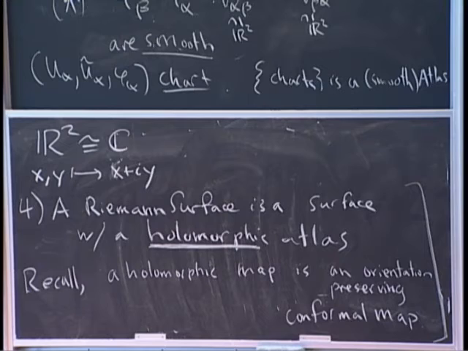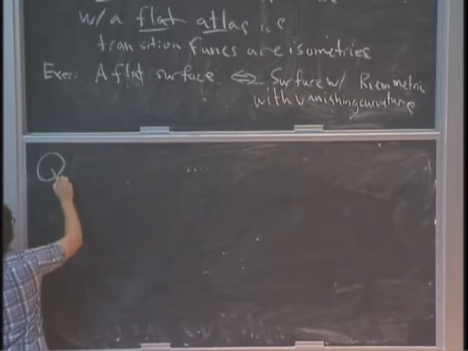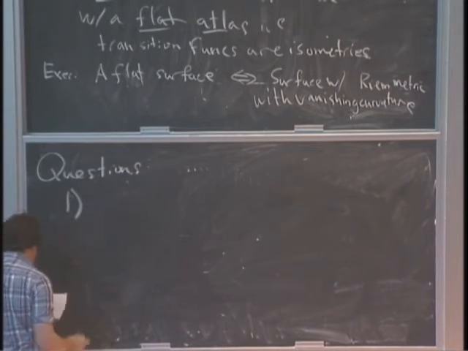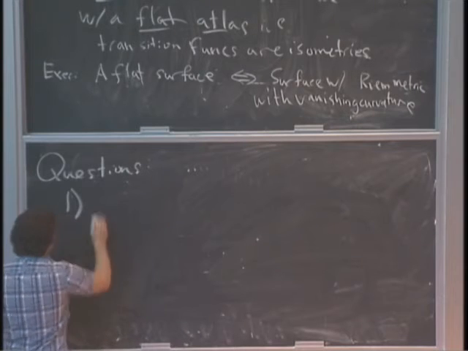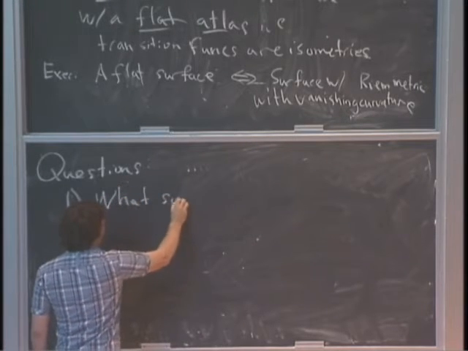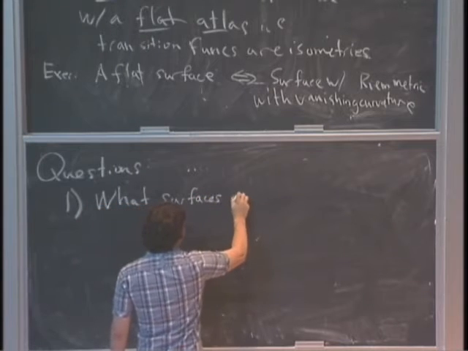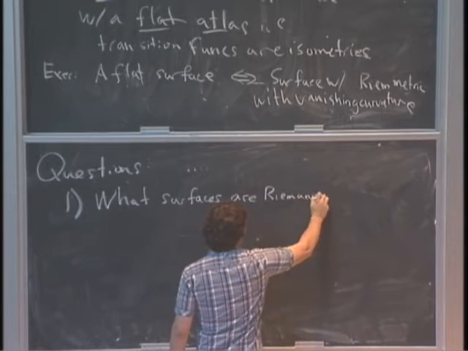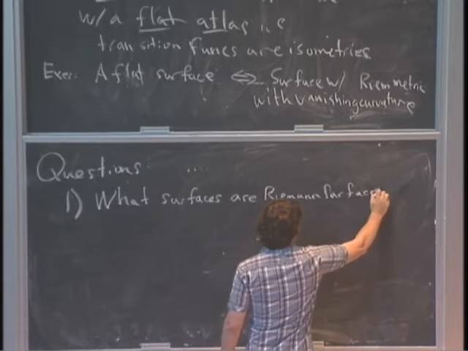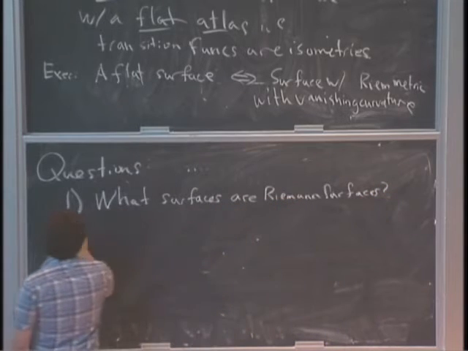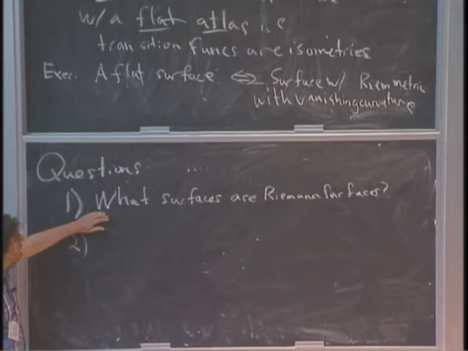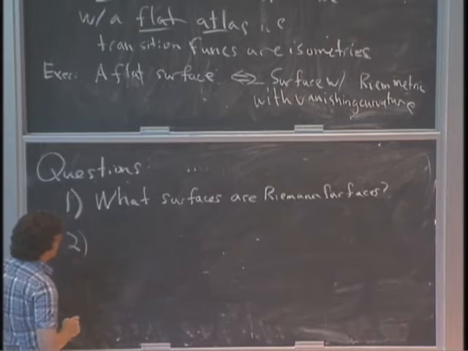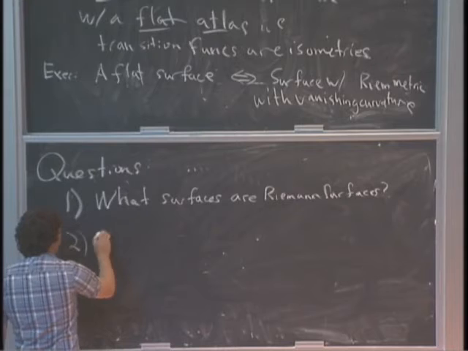The questions we're really going to look at: the one is, what smooth surfaces can be thought of as Riemann surfaces, and then a more general question, which of course is harder, is can we classify?